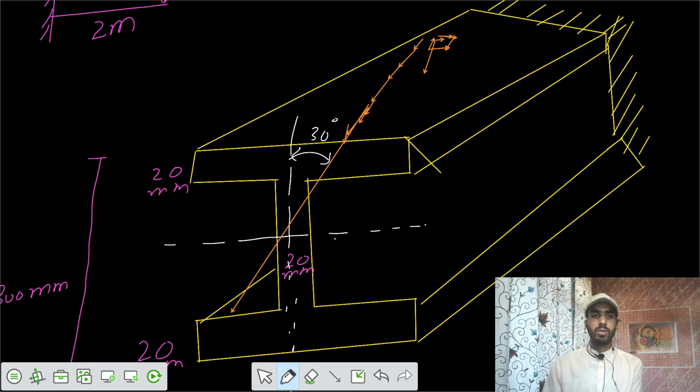So you have to resolve that to make it a symmetric bending case.